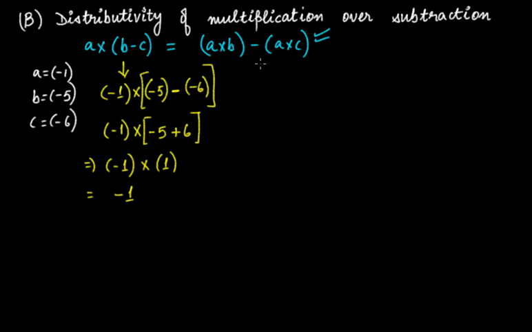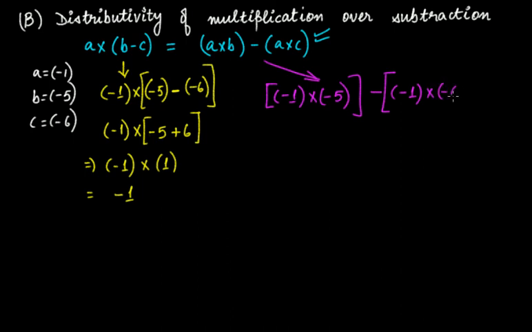Solve for this one. So this will be a times b, -1 times -5, minus -1 times -6. This will be 5 minus, in this case -1 times -6 will be 6.